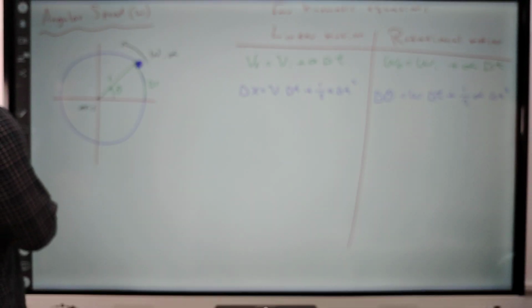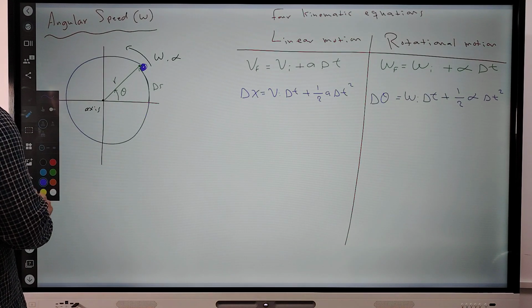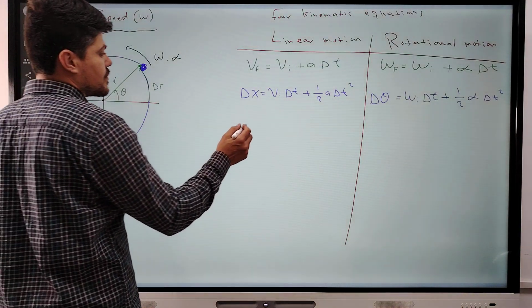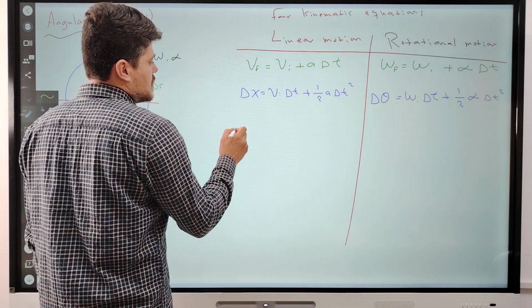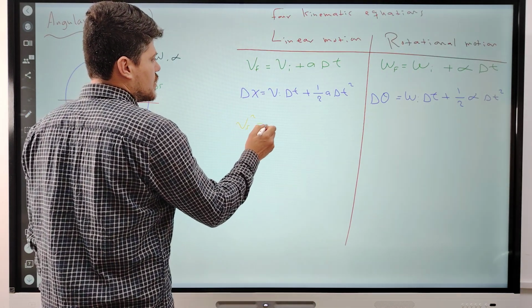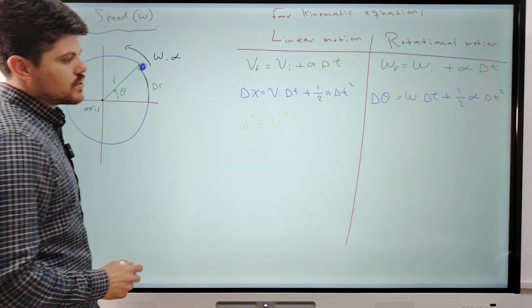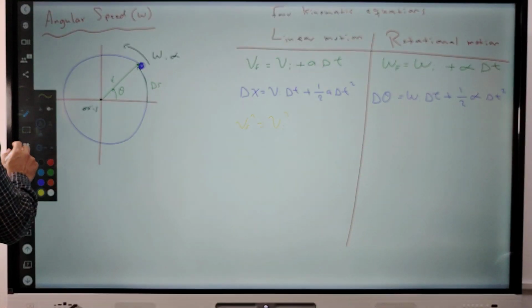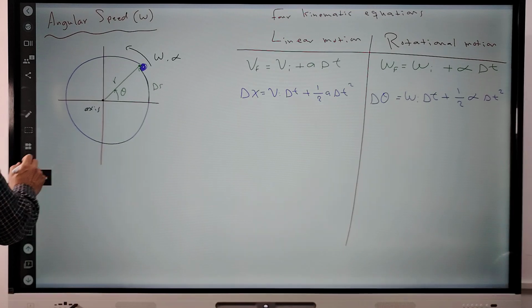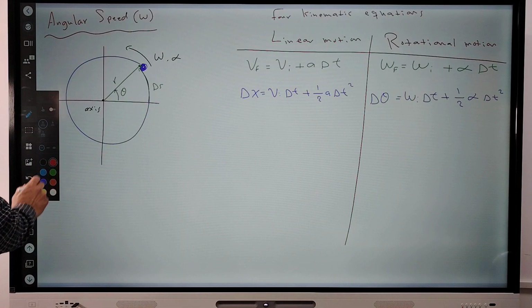Okay? Another equation in the kinematic equations is V final square is equal to V initial square. It's not very clear, so I'm going to write in another color.